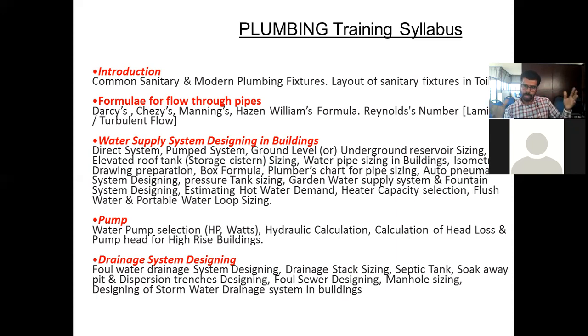From the main pipe on the terrace, you can take one connection and give it to the solar water heater, and it will flow through the coil, and from there you get the hot water, which you can give to the individual fixtures.